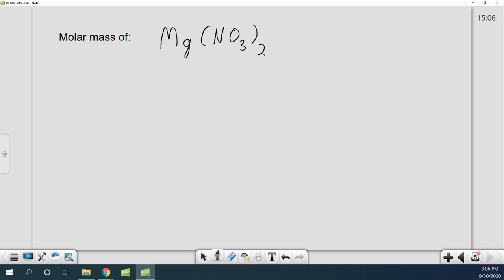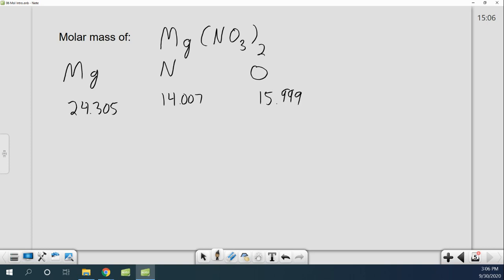Now a fun one. The molar mass of magnesium nitrate. All right. So what do I need? I need magnesium. I need nitrogen. And I need oxygen. Okay, so I look up magnesium in my periodic table. Magnesium is 24.305. I look up nitrogen, 14.007. I look up oxygen, 15.999.